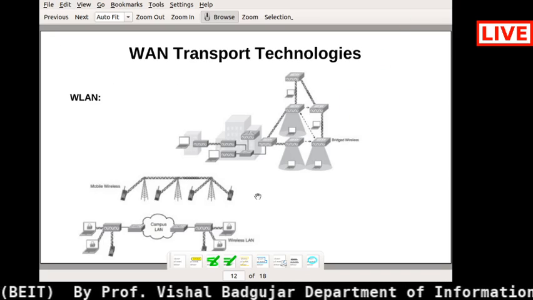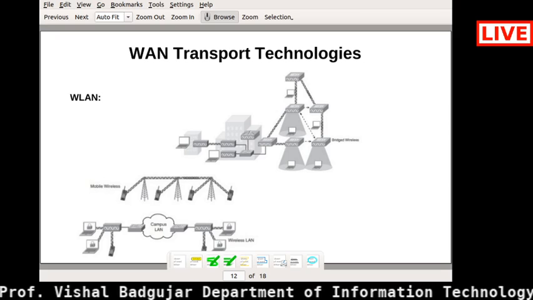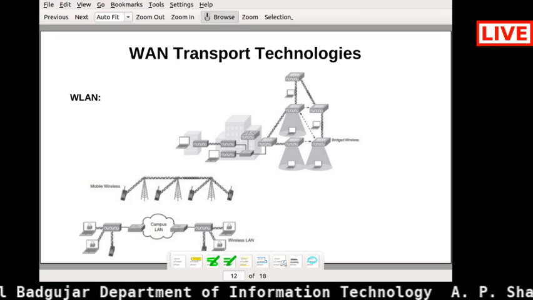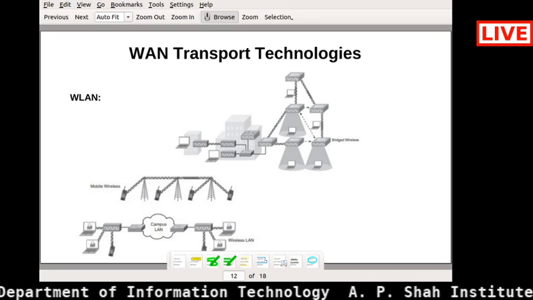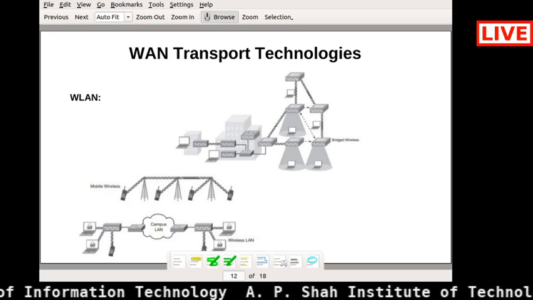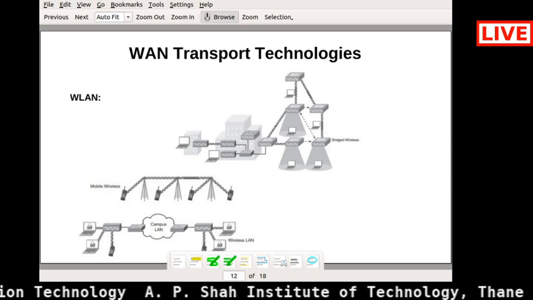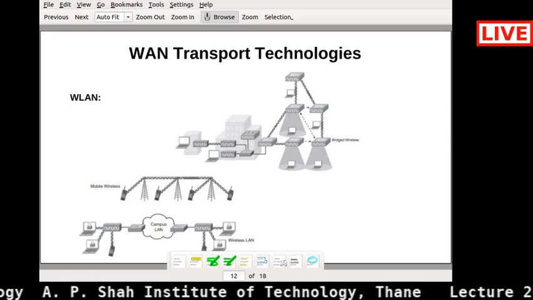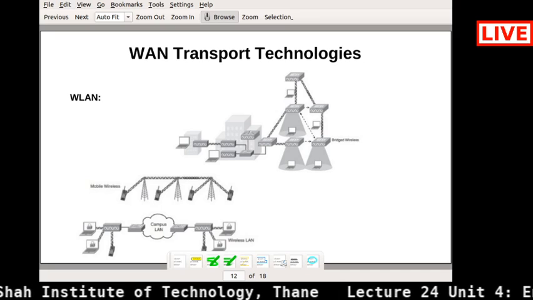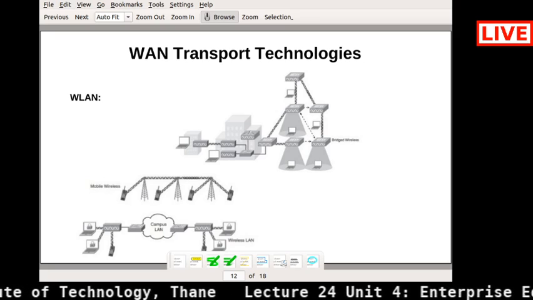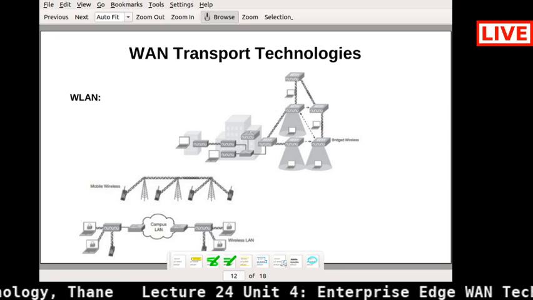So here, you already heard about this particular IEEE 802.11 standard, right? If that standard is 802.11a, then it will provide you 54 mbps in the 5 gigahertz band.